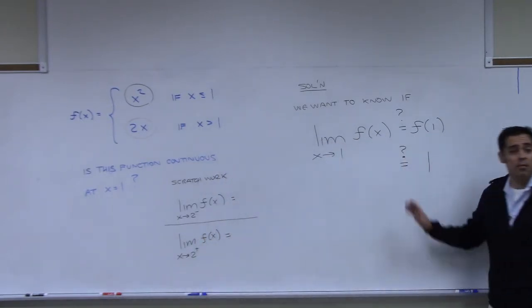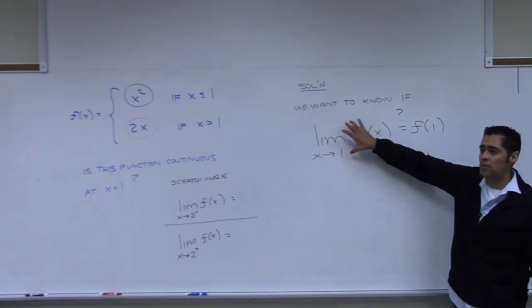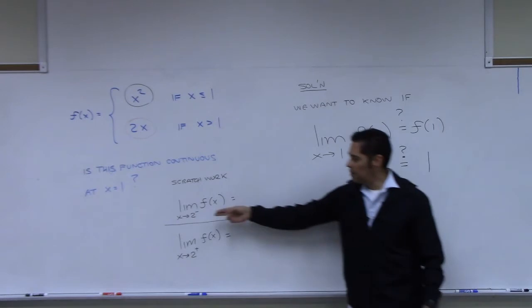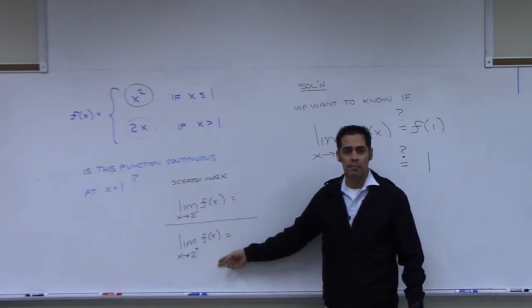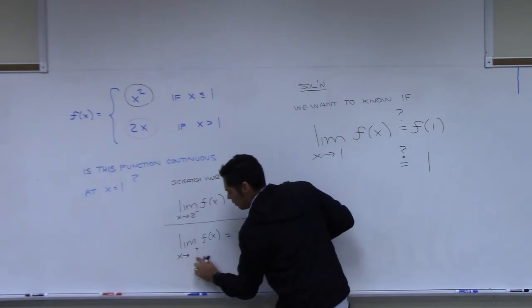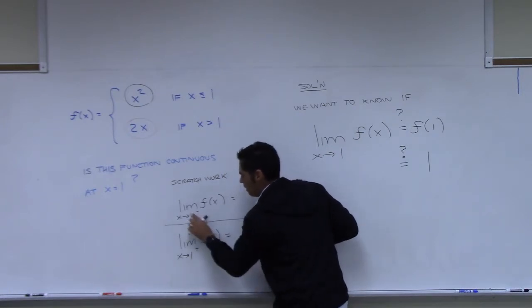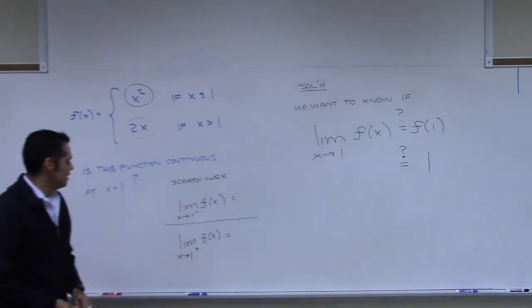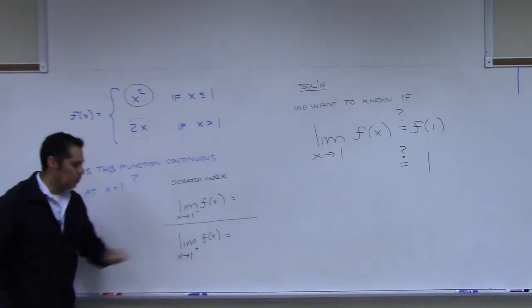Do you understand what I'm doing? I need to know what this limit is. This limit doesn't have plus or minus, which means it's both, so I'm going to check both. Pardon? It's 1. Why did I put 2? Monday, Tuesday, whatever day it is. No excuses, okay? Thank you for catching that. Limit x approaches 1 from the left, 1 from the right.